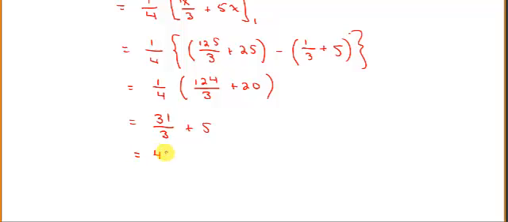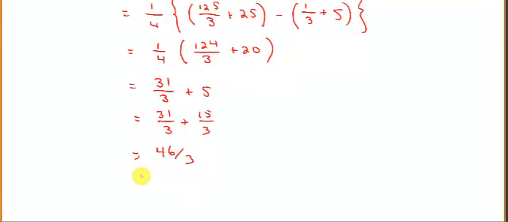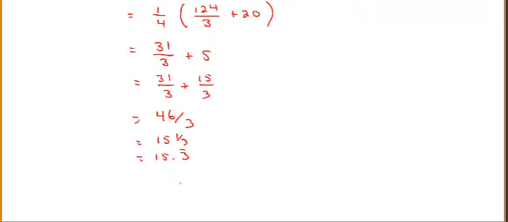So this would be 31/3 plus 15/3, which is 46/3, which is 15 1/3, or about 15.3. And notice, our estimate of 15.47 was not too far off. It was actually a pretty good estimate.